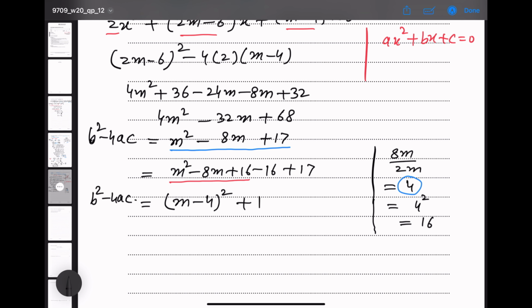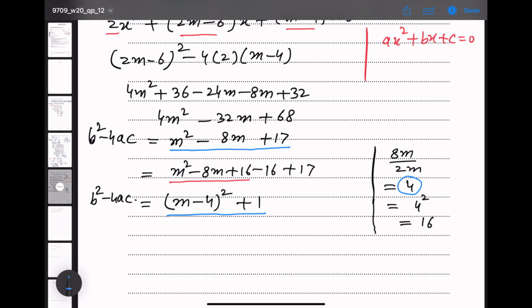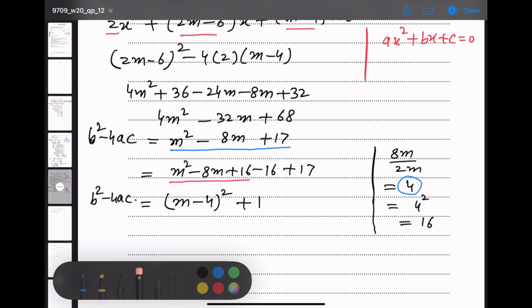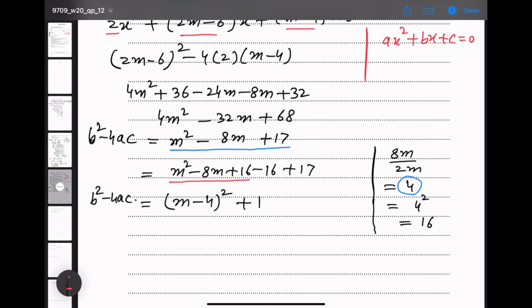How can we show that this is positive? Look at this. This first term is clearly a whole square. Its whole square is always positive, and this is 1.